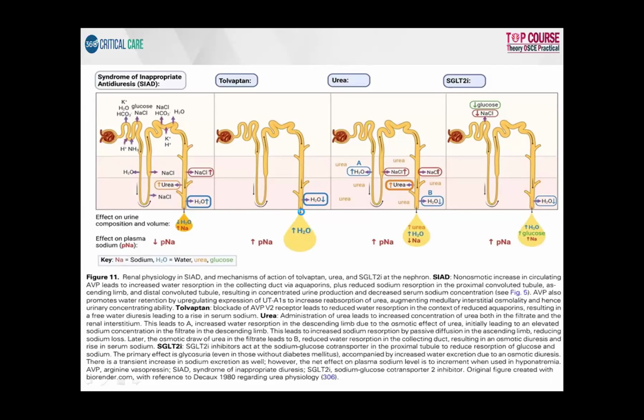Because a lot of free water has come out in the urine, automatically it will increase the plasma sodium levels. It doesn't have any effect on the sodium in the nephron. It just causes free water diuresis. That's it. This is the mechanism of action of tolvaptan.